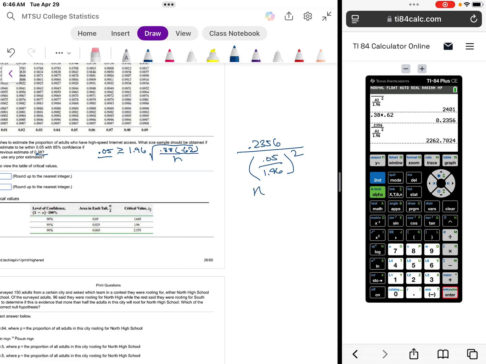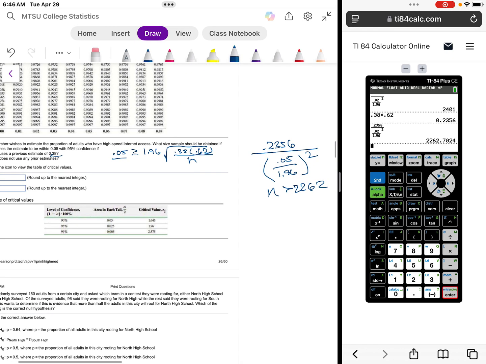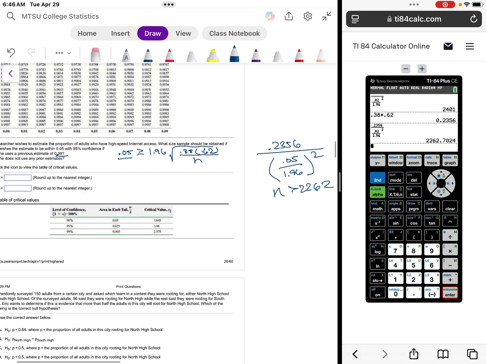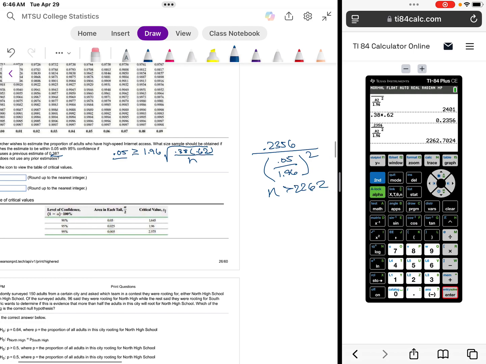So this tells me my sample size has got to be greater than 2262. Make sure I didn't have happy fingers here. Looks good there. Okay. So that'd be 2263.